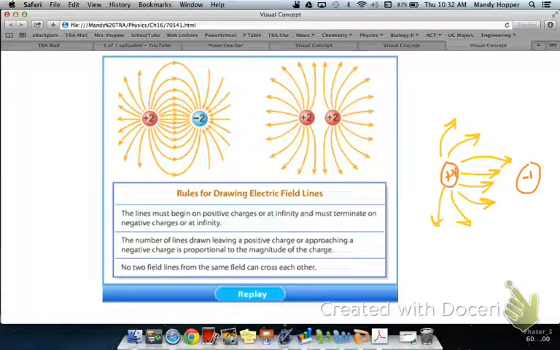If we did 8 off the +4, how many do you have to have on this one? 2. It's double. 2 off of this one, because it is going to move towards the negative. Just say it's proportional, it's going to be by a factor.